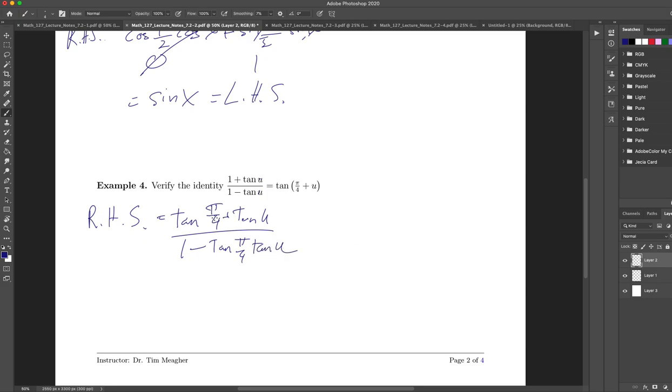But notice that tangent of pi over 4 is 1, so this simplifies to 1 plus tangent u over 1 minus tangent of u, which is equal to my left-hand side. So here I've proven it. I made my right-hand side into the left-hand side, so I'm working in the other direction.